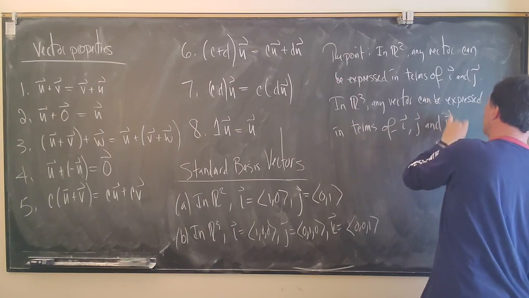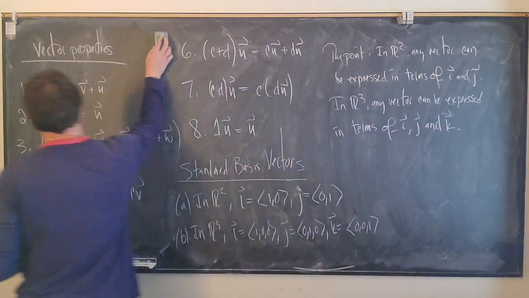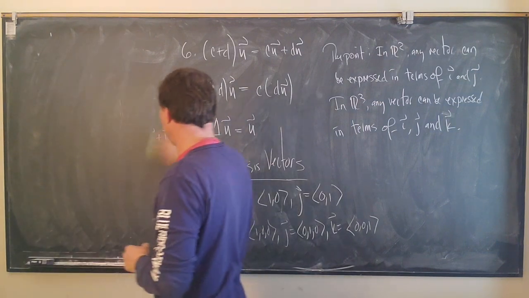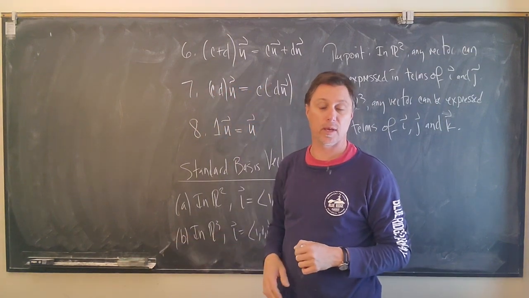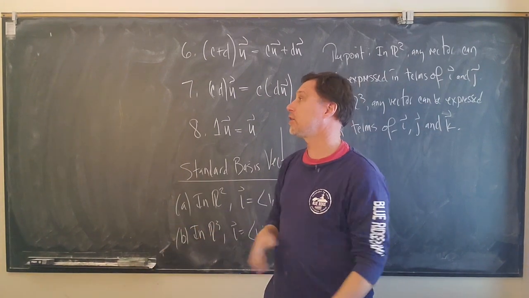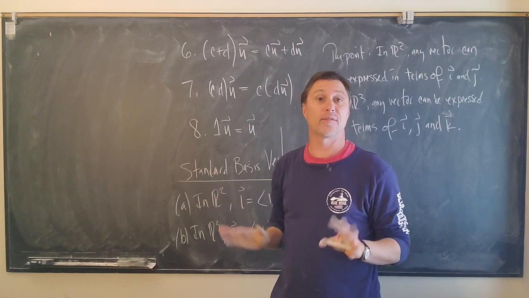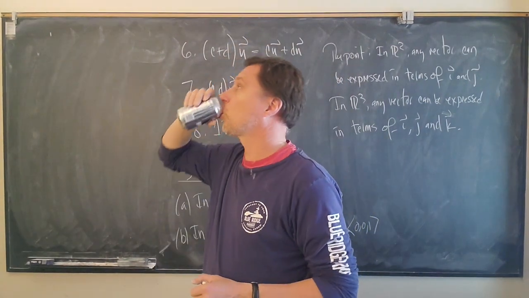And this is what you typically do in physics, right? Most vectors, instead of using angle bracket notation, they use the ijk notation. And so we will need to be able to go back and forth. I tend to use the angle bracket notation, this more mathematical notation, but in your physics classes, you typically will use your i, j, and k. So what we want to do is get familiar and comfortable with going back and forth between those.